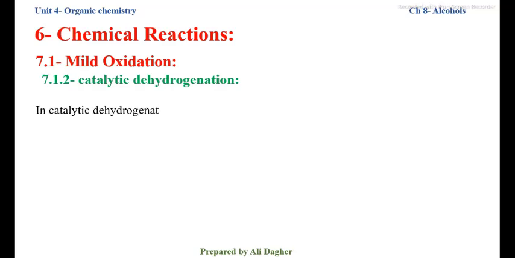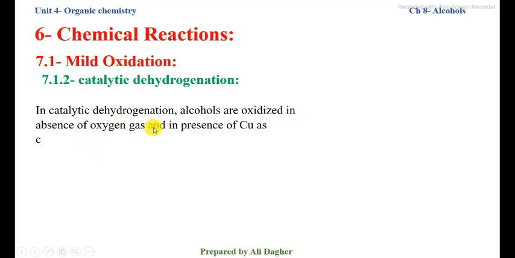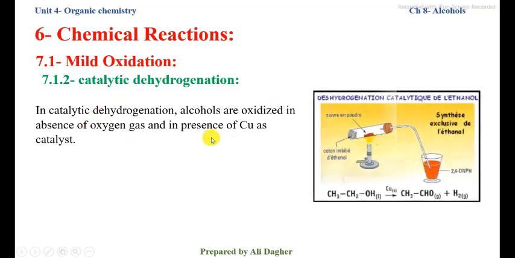In catalytic dehydrogenation, alcohols are oxidized in absence of oxygen gas and in presence of Cu as catalyst. Then dehydrogenation in absence of oxygen, catalytic oxidation in presence of oxygen. In the two cases, we use Cu as catalyst.